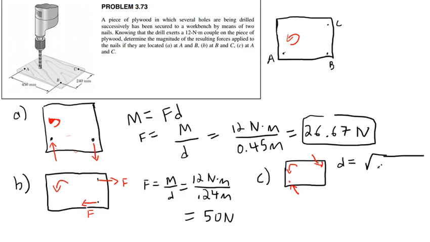I know I like to use the term the Pythagorean, but I know that's not proper math, but oh well, this isn't math class. Plus 0.45 squared, which is equal to 0.51 meters.